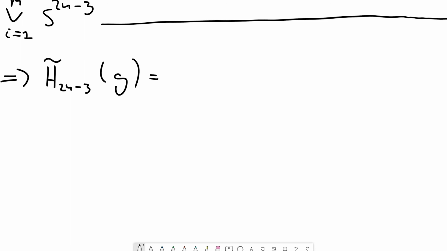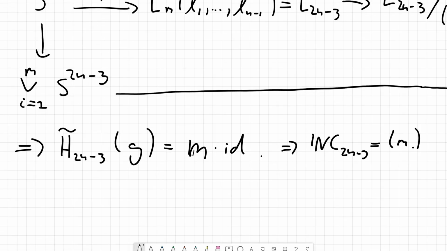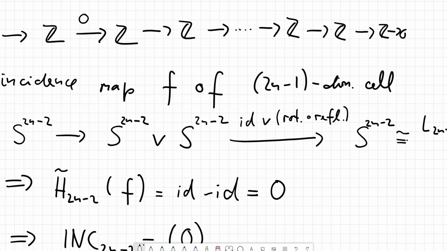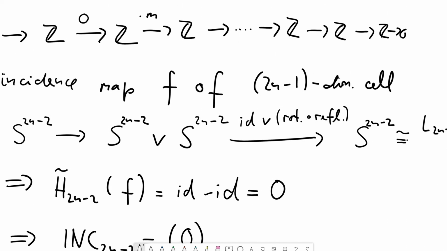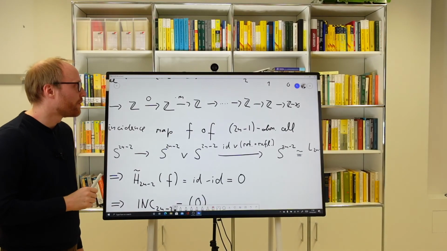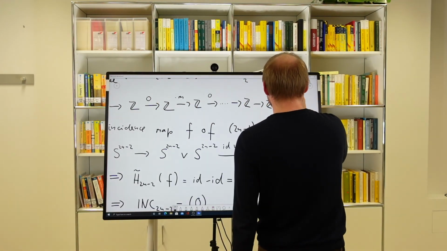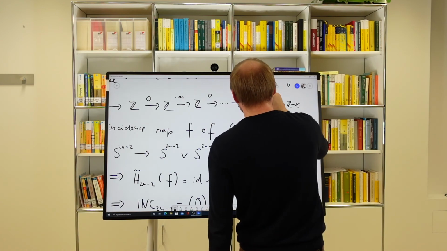So this is equal to m times the identity, and therefore the incidence matrix 2n minus 3 is just m. Now we have collected all we need for the chain complex. The next term is multiplication by m, and then inductively it just alternates between zeros and m, so the next term is 0 again, and finally it ends at 0, and here we've got an m.